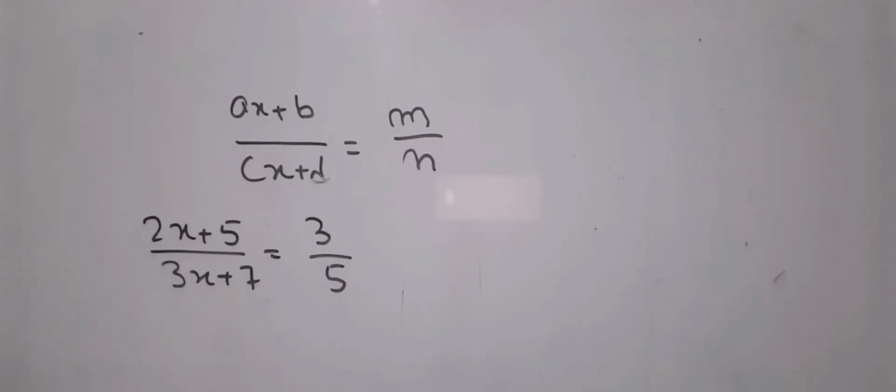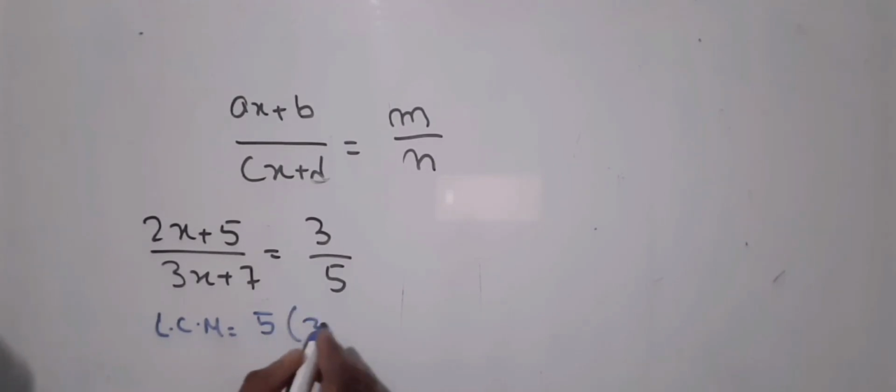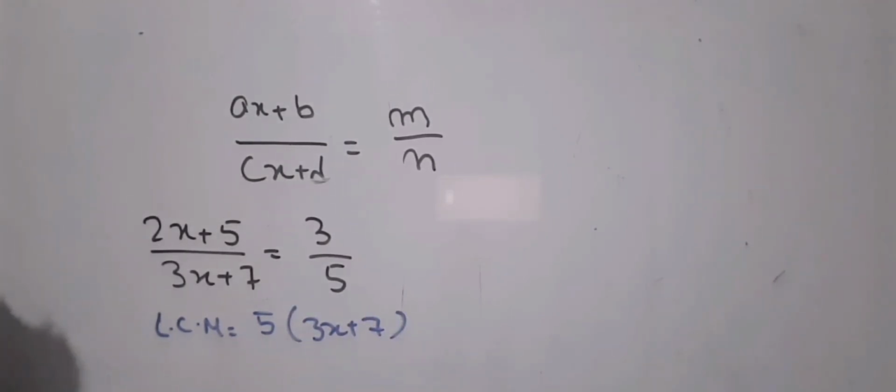Here we have numbers and also variable and constant. So we'll take the complete LCM together. If numbers are there, we can easily take out the LCM, but like this, we'll take out the complete LCM. So my LCM is equal to 5 and the complete one. Clear?